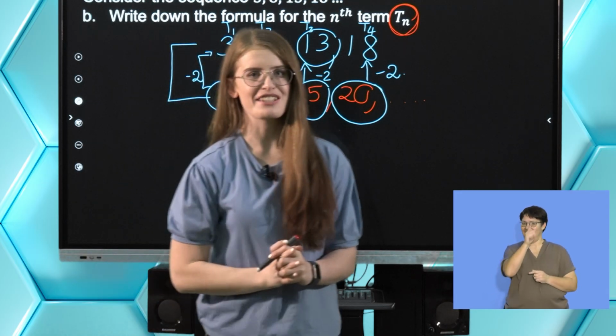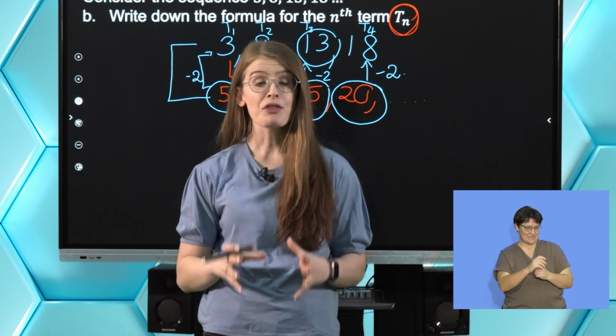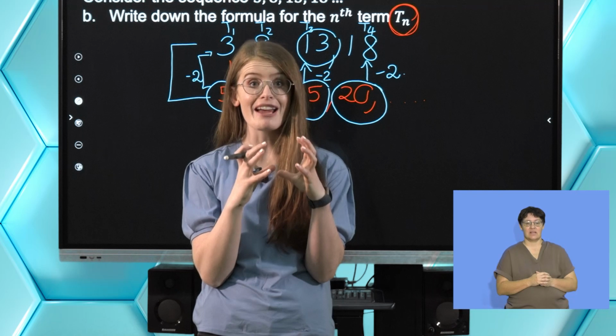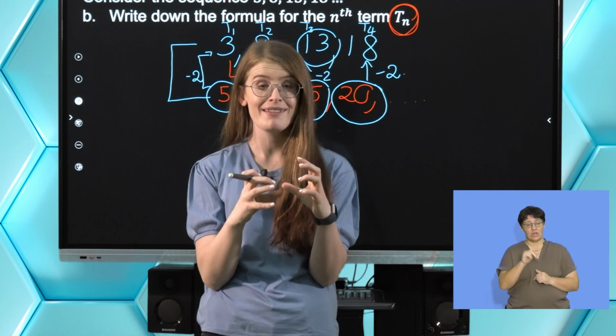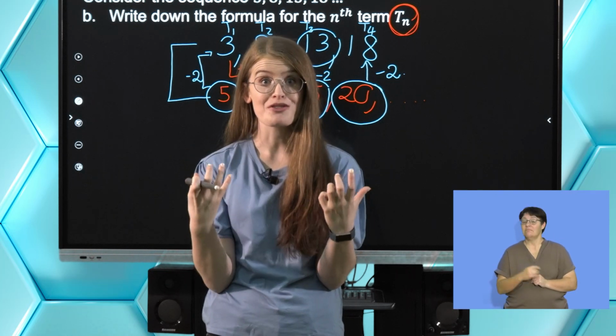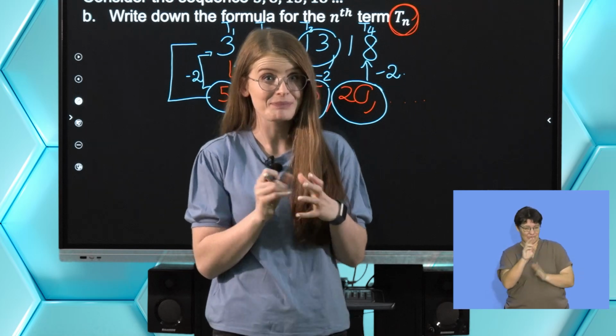So, ladies and gentlemen, I'm hoping that you can see that there's a relationship. With regards to the multiples of 5, I multiply 5 by the term number, and then I subtract 2. So that is my general, or nth, term for the pattern. Let's write it down.